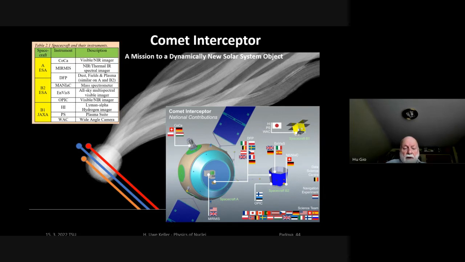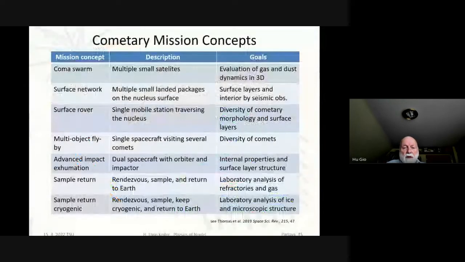Beyond those missions, there are lots of proposals for missions in America, but none has been really selected so far. What are the different concepts? You could think about a coma swarm, where you have multiple satellites flying towards the comet, similar to the last mission I described, flying by and trying to get 3D information.